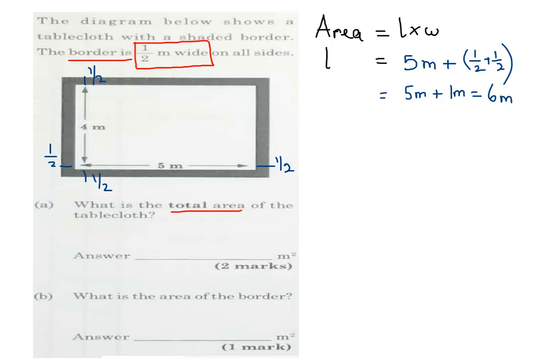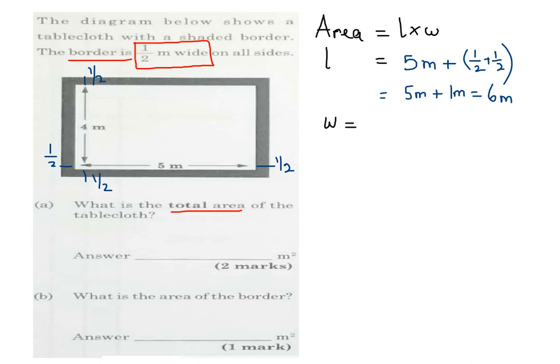And we're not just doing that for the length alone, we also have to do that for the width. So we go to the width now, which is the inner width. They told us it is 4 meters, right? So we're going to add on a half on both sides to that 4 meter length. So again, you notice that you're adding a half and a half.